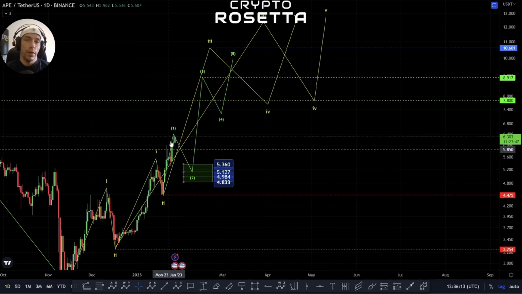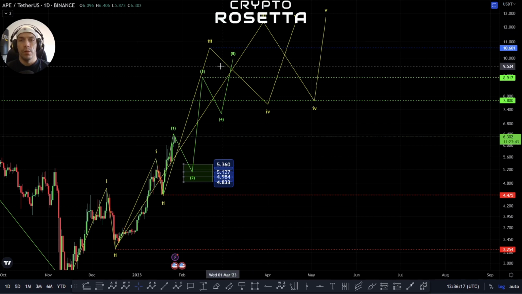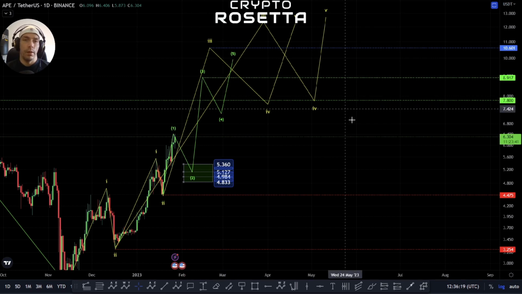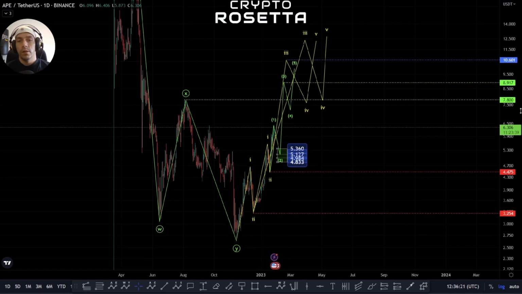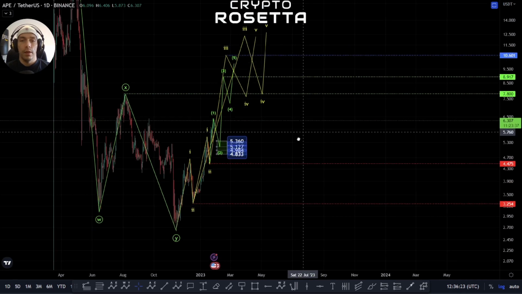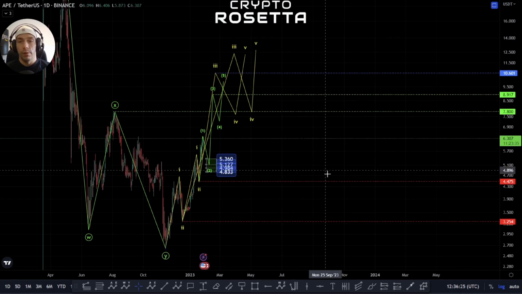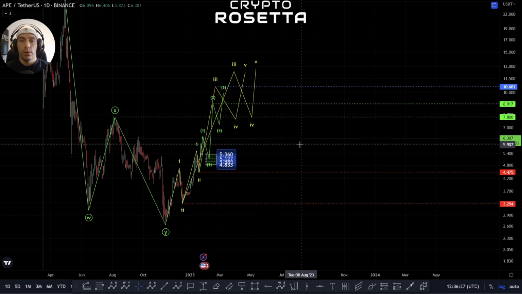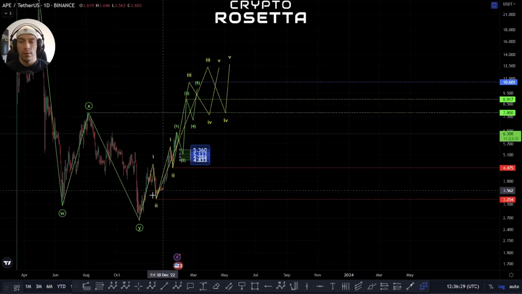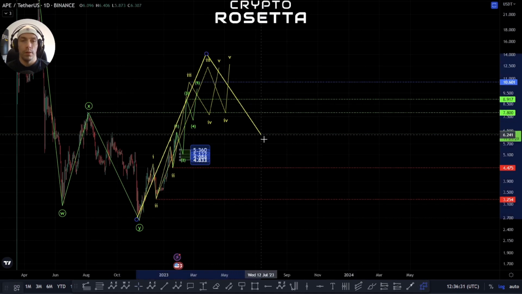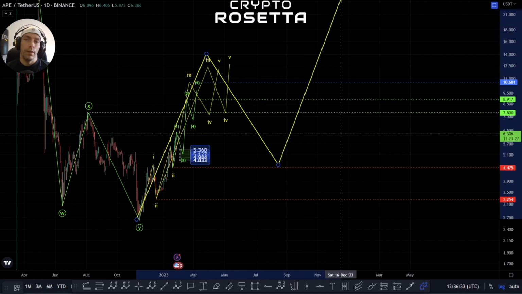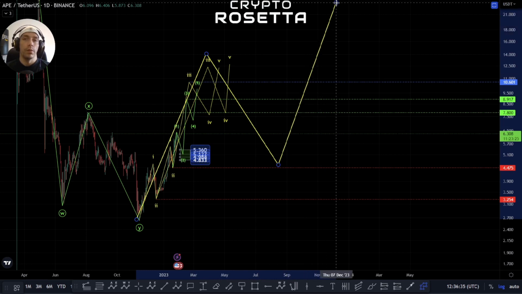But if we do push up past this 891, this would then allow for the potential of pushing up again within this. This would give us a bigger 5-wave structure here, and once again we would still have to be careful on that retracement. If we wanted to see this play out, we would be looking for this becoming a 1, 2, and then look for that third wave to the upside.